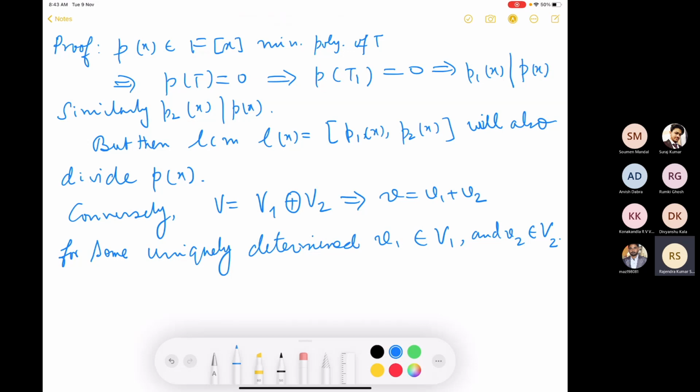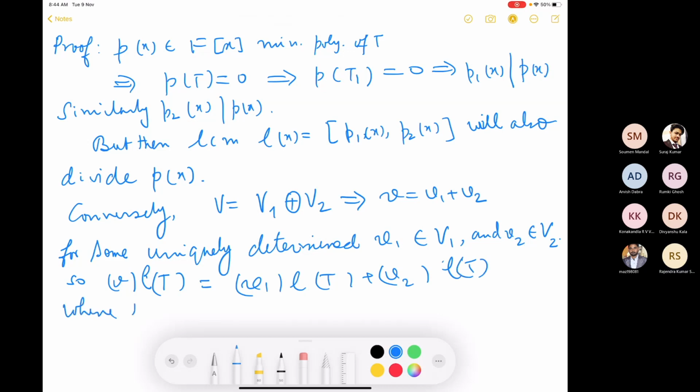This also will give us that v under L(T), where L is the LCM of P1(x) and P2(x), will be the same as v1 under L(T) plus v2 under L(T).